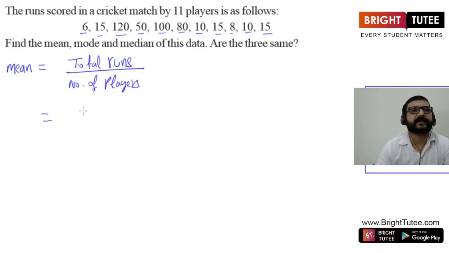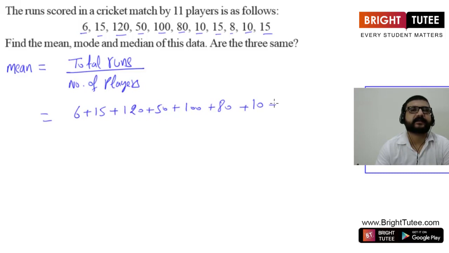So this will be equal to 6 plus 15 plus 120 plus 50 plus 100 plus 80 plus 10 plus 15 plus 8 plus 10 again, and then plus 15 at the last.